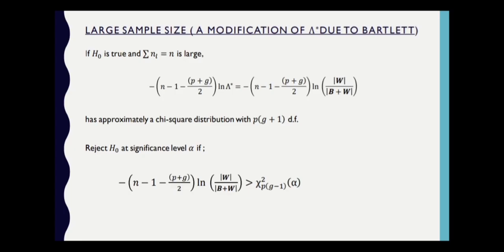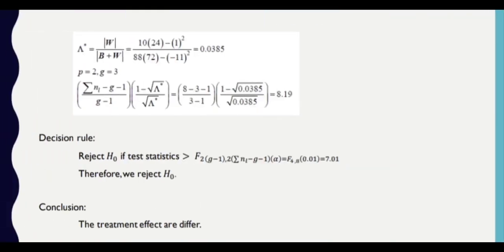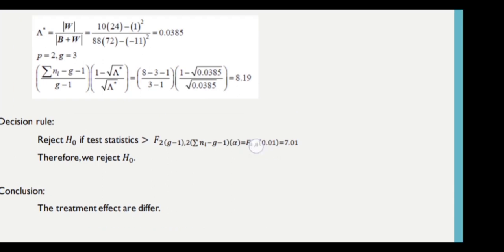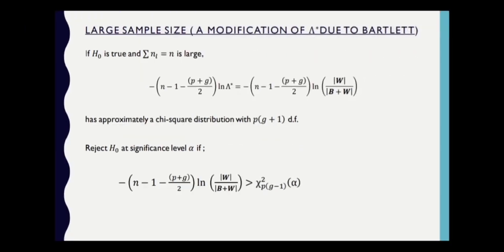If a large sample size is involved, we also can use this method tadi. Maksudnya nak gunakan sampling distribution yang tadi itulah. Ataupun another way, we can use this formula if summation of n is large.